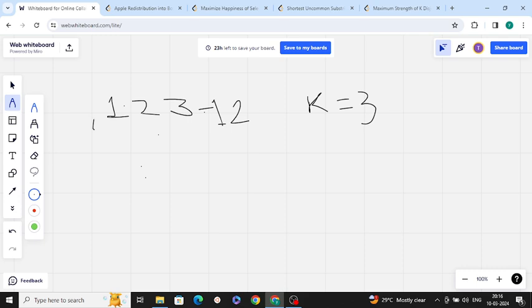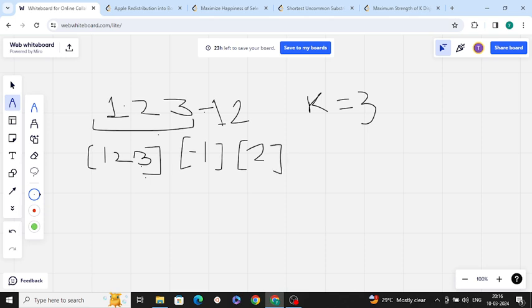So the subarrays that can be possible here are 1 2 3 as one subarray, right? Correct. Another one is minus 1 that I am talking about, negative 1, right? And another one is 2.